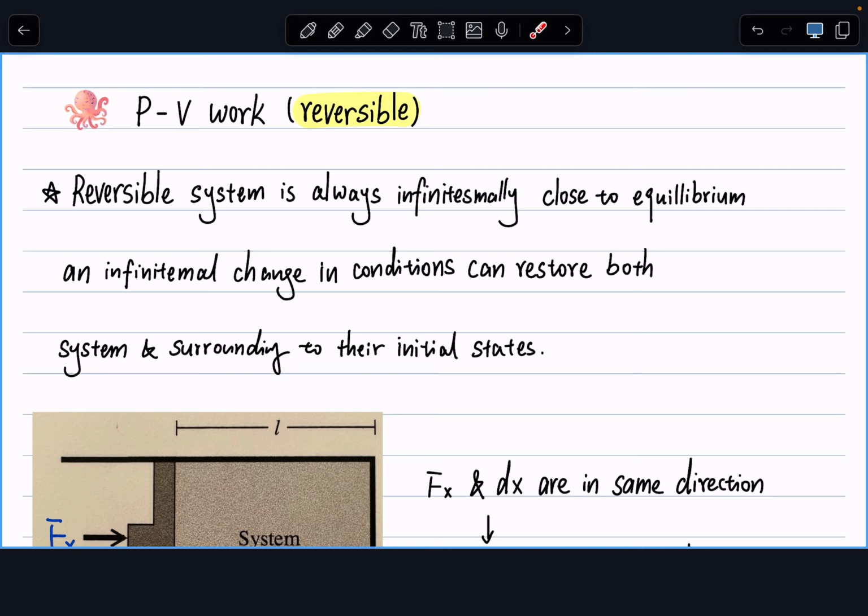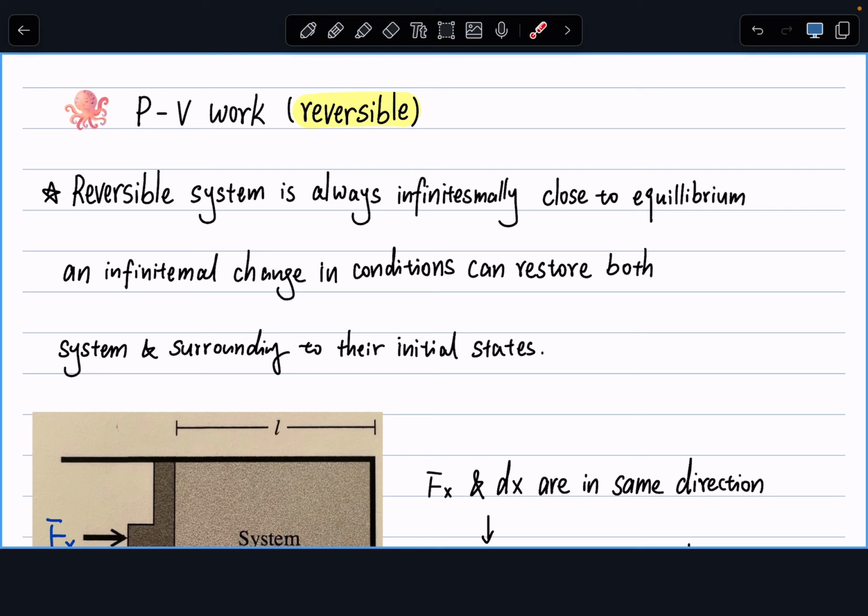And any infinitesimal change in conditions can restore both the system and surroundings to their initial state. So in our class, whenever we say a process is a very slow process, it pretty much tells us it is a reversible process. In reversible cases, there are properties that we can only derive when it is reversible. We're focusing on reversible processes mostly in this class, unless otherwise specified.